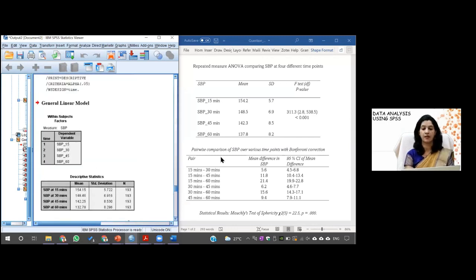The mean value is the systolic blood pressure at 15, 30, 45 and 60, and then the standard deviation. This standard deviation I have taken from this.